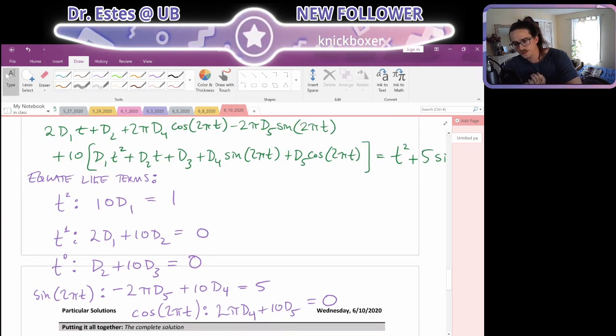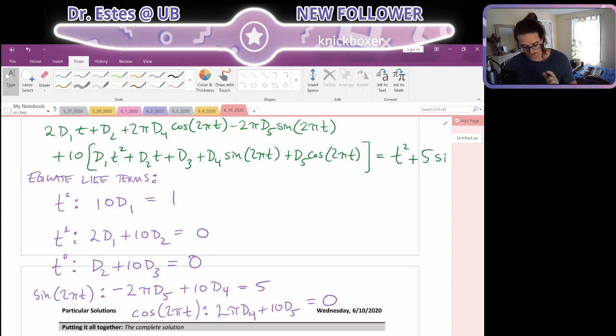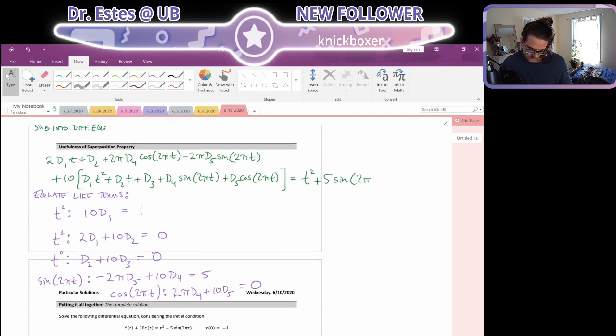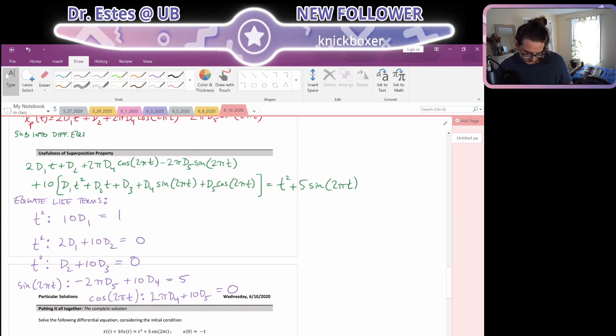So goodness gracious, we have 5 equations and 5 unknowns, d1, d2, d3, d4, d5. However, let's scroll up a little bit.